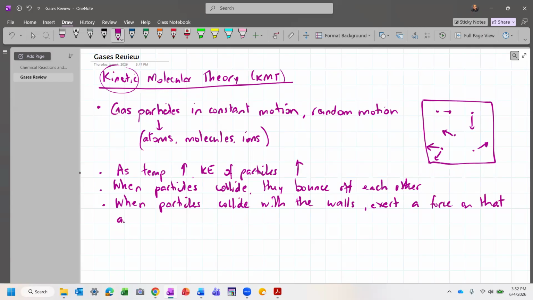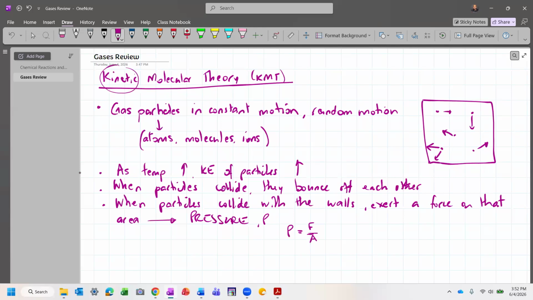And that force that is exerted on that area is something called pressure, right? So P, pressure, is mathematically equal to the force divided by the unit area. And that's how we define it. So all of these are part of the kinetic molecular theory that helps us predict and describe the behavior of gases.